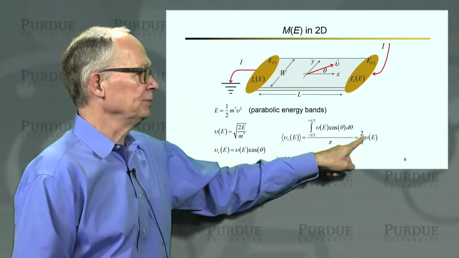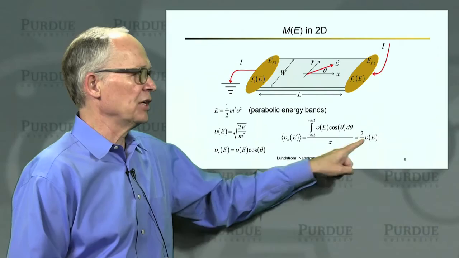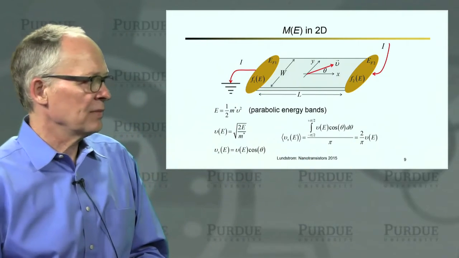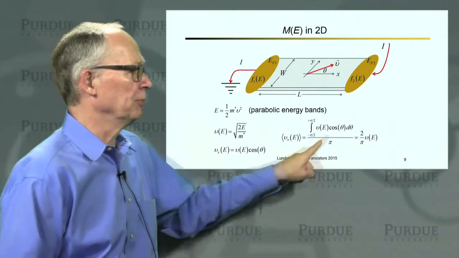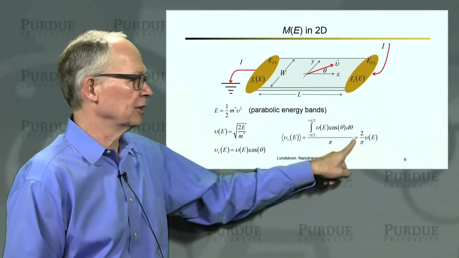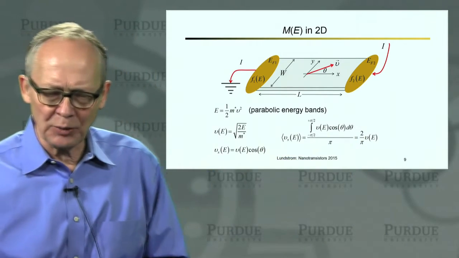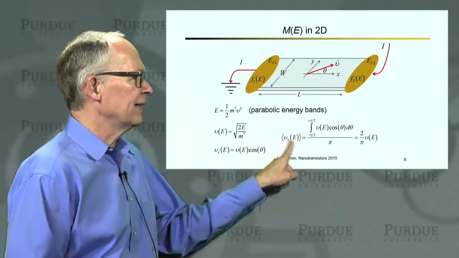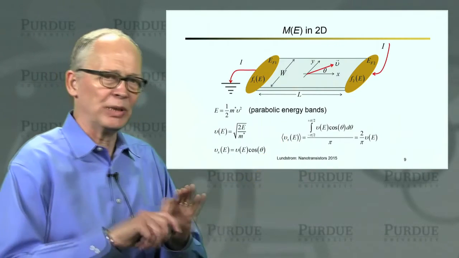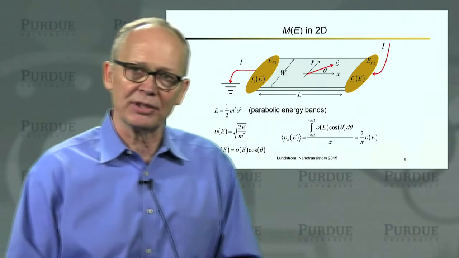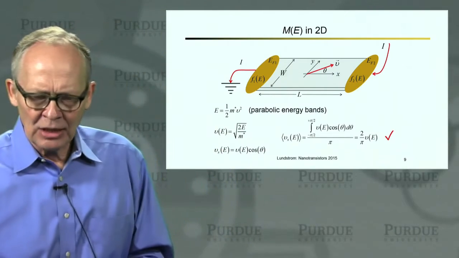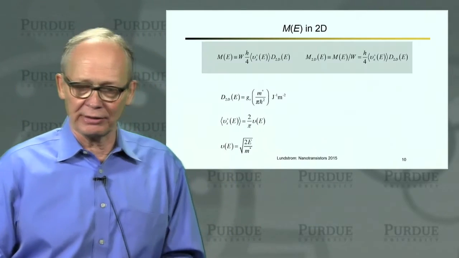You do that integral, and you can see that the average x-directed velocity is 2 over pi times the magnitude of the velocity at that energy. Okay, so that's how we do that calculation. That's what the brackets mean. That means we average over angle at that particular energy. Now we know what the average x-directed velocity is.